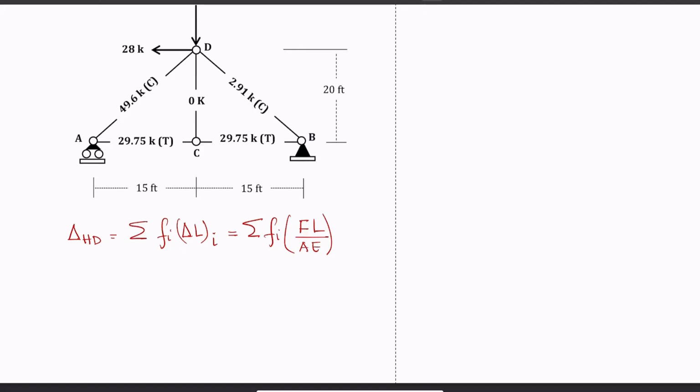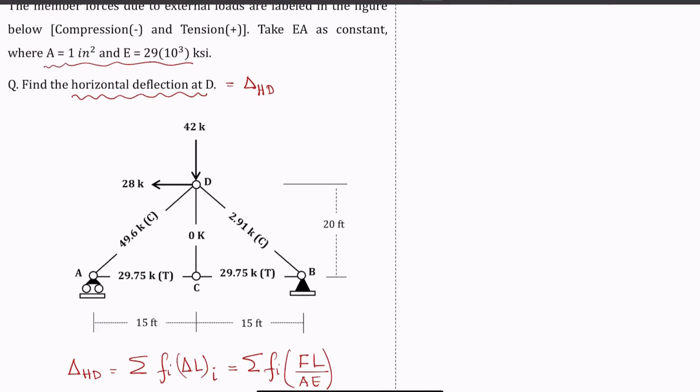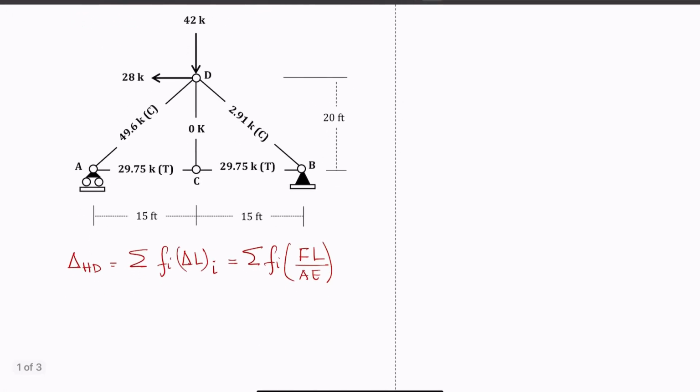Now we need this AE, and AE is given to be a constant value. Your area is 1 inch squared, and E is 29 times 10 to the power 3 KSI, which is kips per square inch. If we multiply them together, you get 29 times 10 to the power 3 kips.